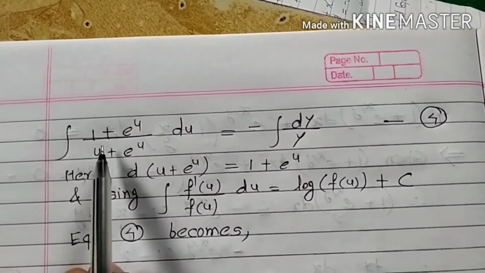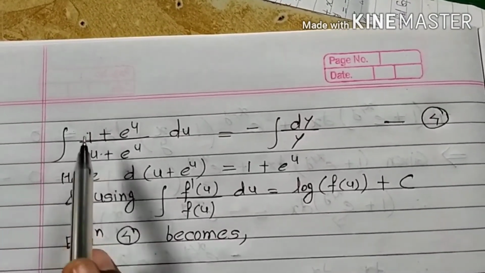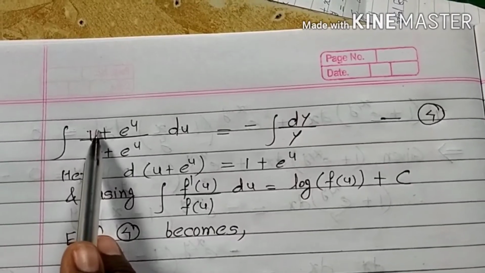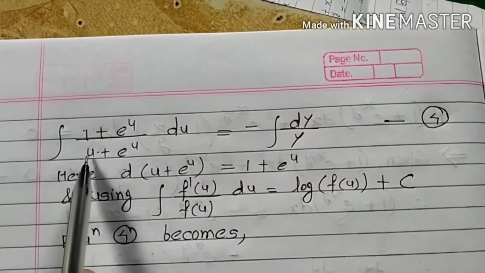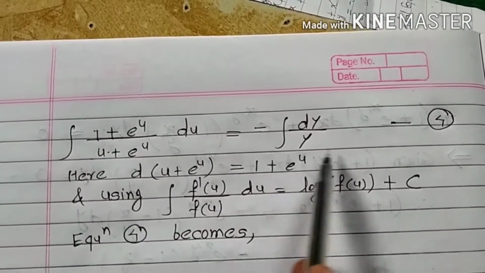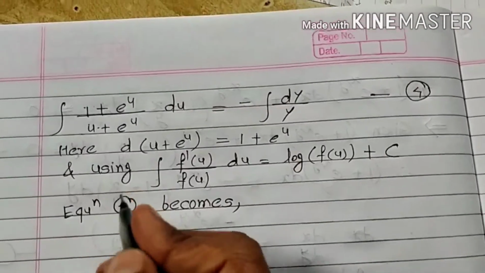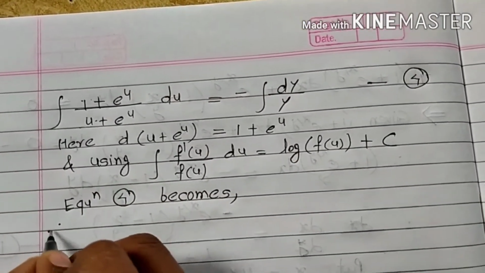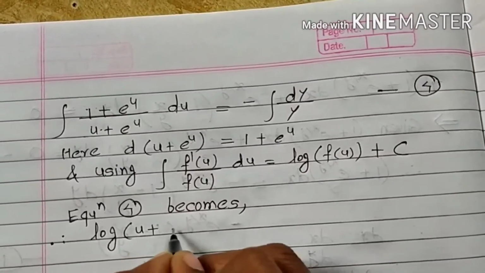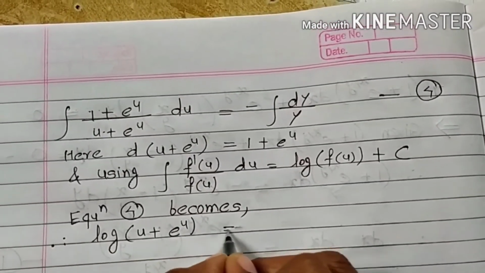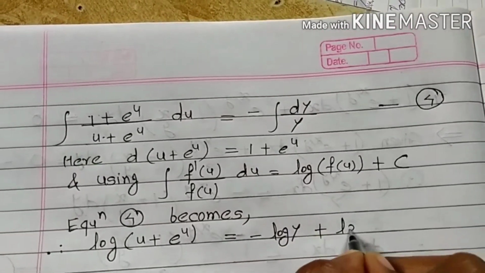You can observe that this is the derivative of this, meaning this is f dash of u and this is f of u. So our answer is log f of u, meaning log of u plus e raised to u. And we know that integration of 1 upon y is log y. So therefore log of u plus e raised to u is equal to minus log y plus log c.